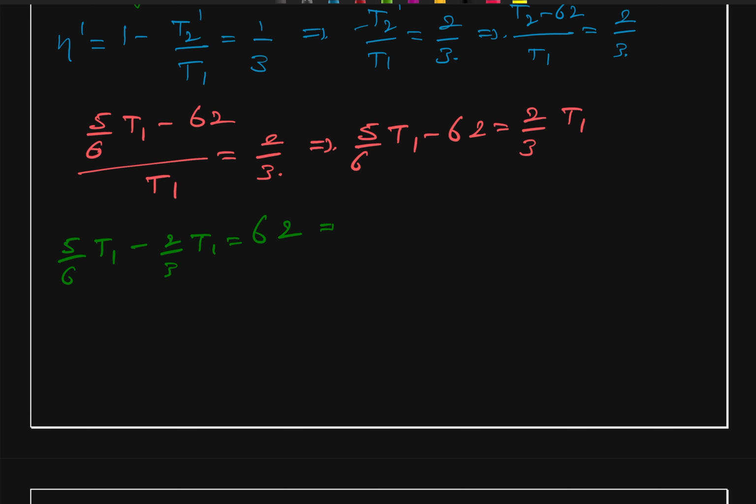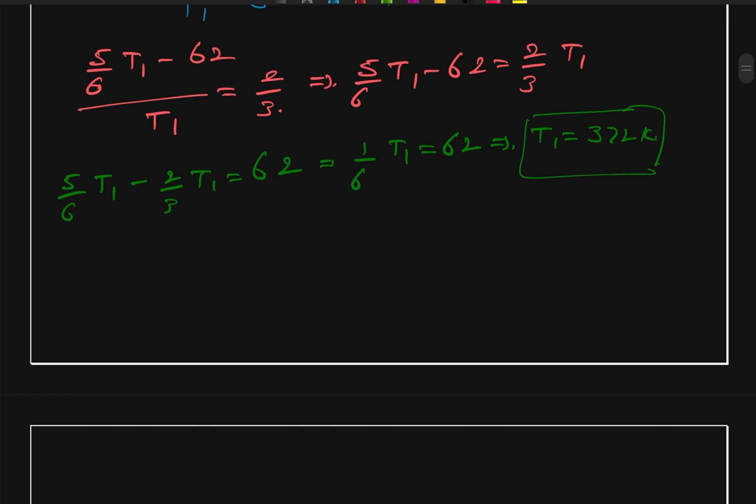So we get 1 by 6 times T1 is equal to 62. This gives us that T1 will be equal to 372 Kelvin. Now we can easily find our T2. T2 was 5/6 of T1, giving us 5/6 multiplied by 372, which gives us 310 Kelvin.